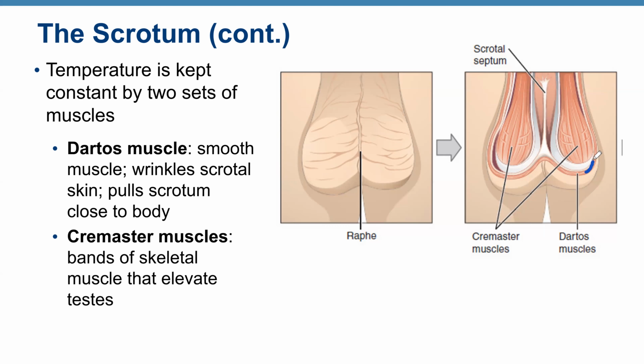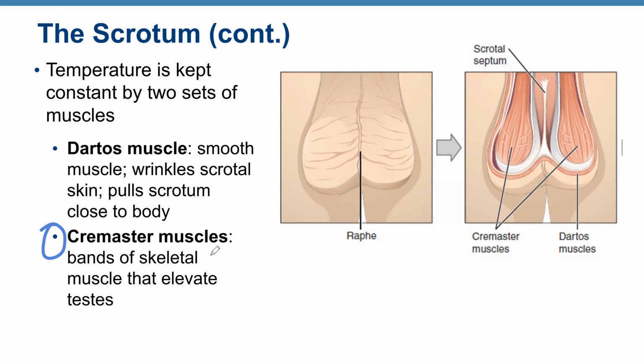Now, inside the walls of the scrotum, this muscle over here is the dartos muscle. That is smooth muscle, which means you cannot control it, and it wrinkles the scrotum. So when the temperature is cold, the scrotum is wrinkled, bringing it close to the body and warming up the testes.